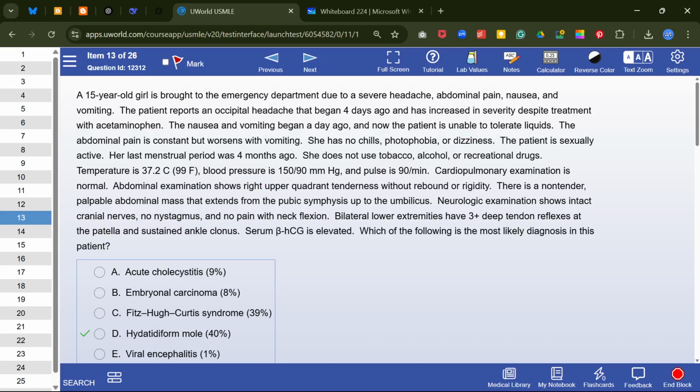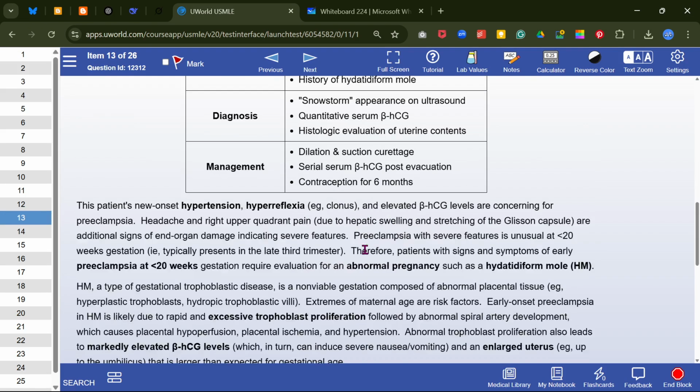So in hydatidiform mole, like hyperemesis gravidarum, overt hyperthyroidism, theca lutein cyst, and early onset preeclampsia. Early onset preeclampsia with severe features presentation and beta-hCG level is elevated. Looks like Hydatidiform mole. So hypertension, hyperreflexia, and elevated beta-hCG level are concerning for preeclampsia.